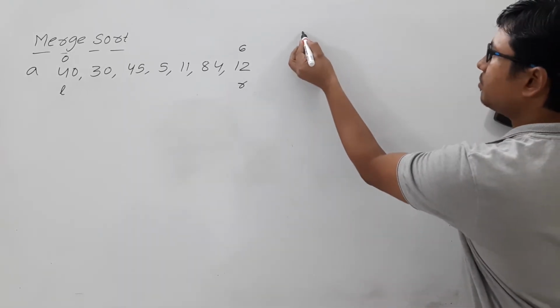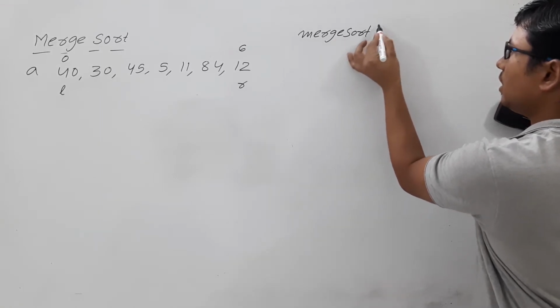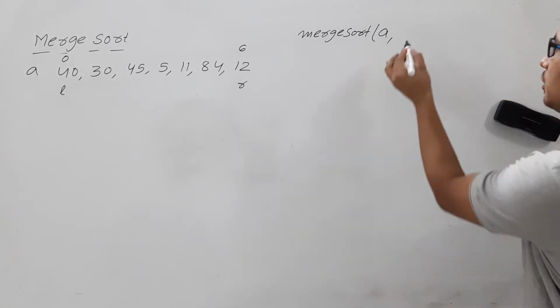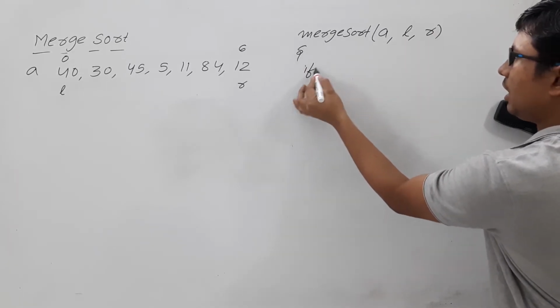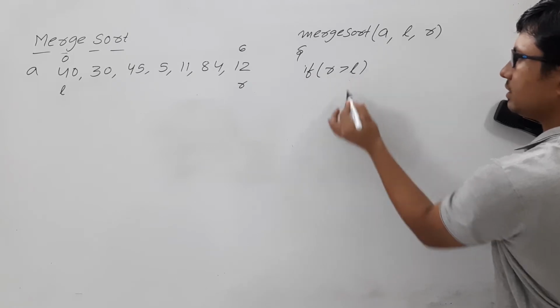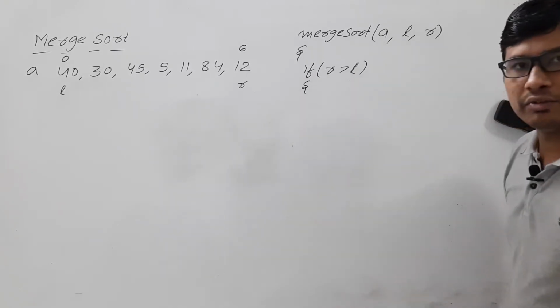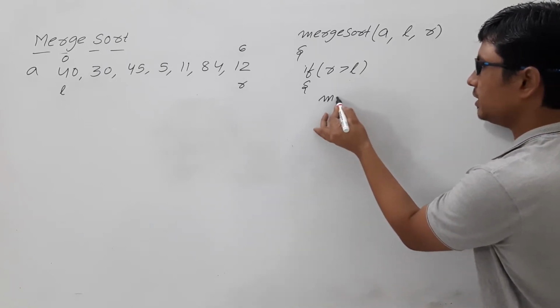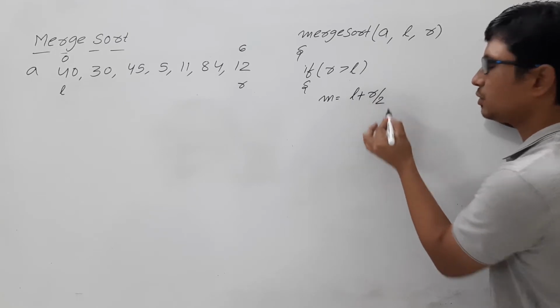So you have merge sort on the array A, and you have L and R. Now if R is greater than L, then only we need to perform the division. So then I will compute the middle element, M is equal to (L plus R) by 2.